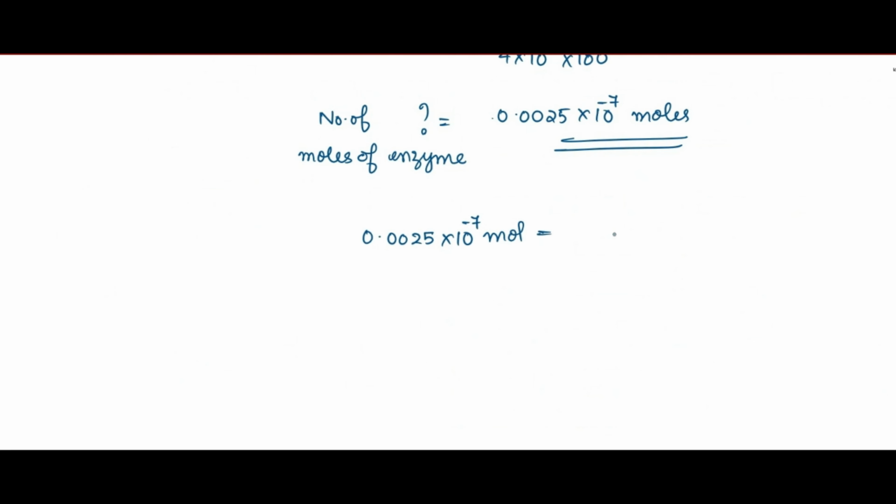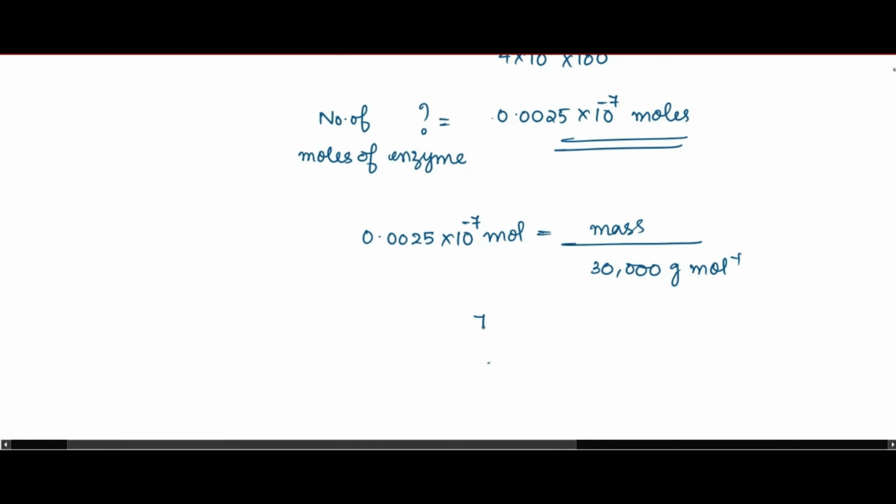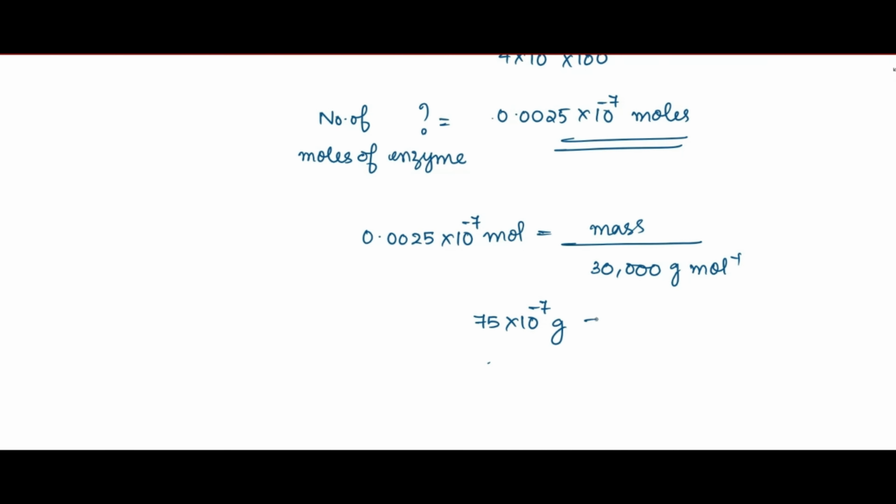Mole is some mass divided by the molecular weight. What molecular weight is given? 30,000 grams per mole, right? What is that? This is going to be 75 into 10 to the power minus 7 grams. That much mass will come. In what do we need it?